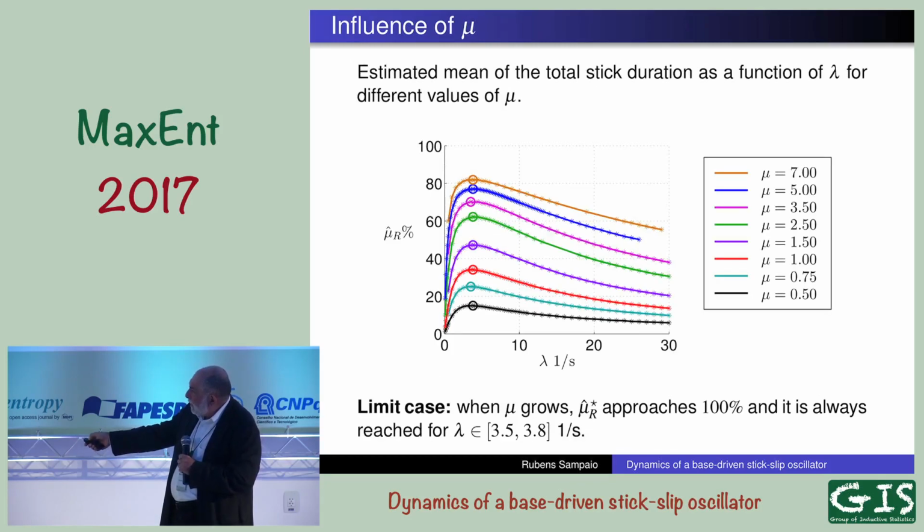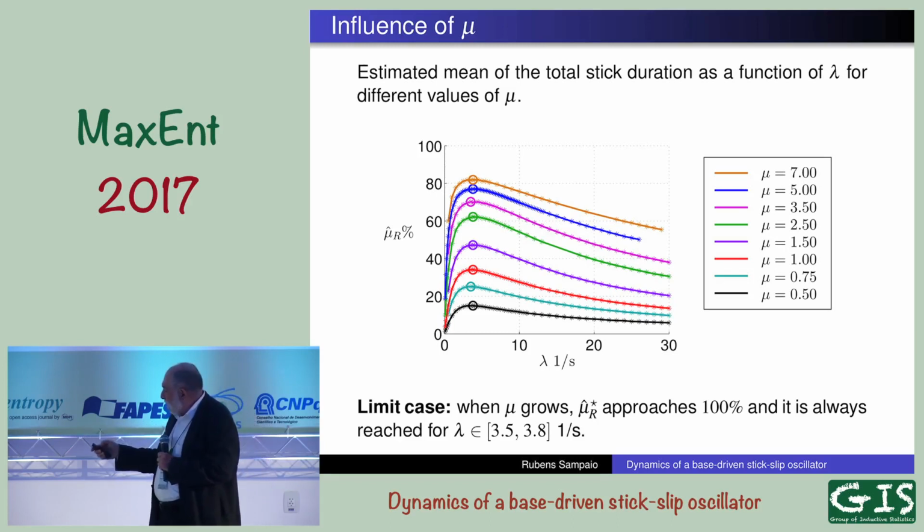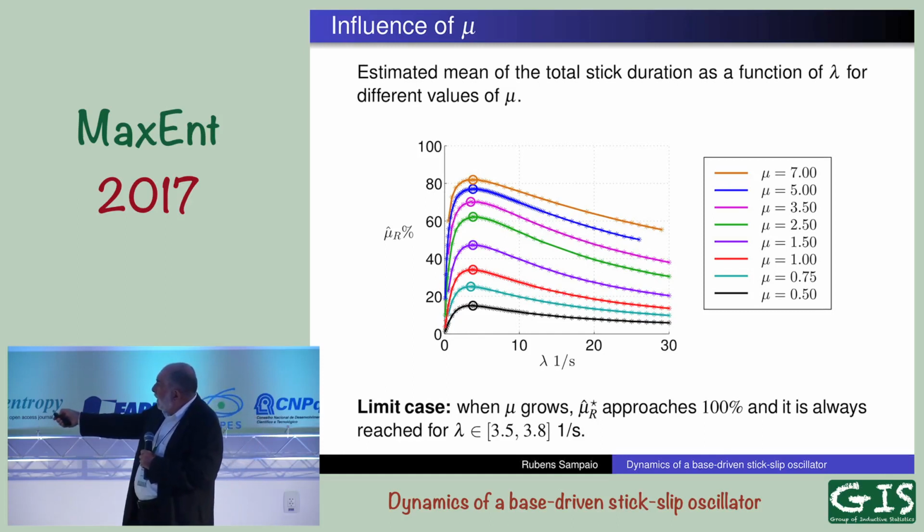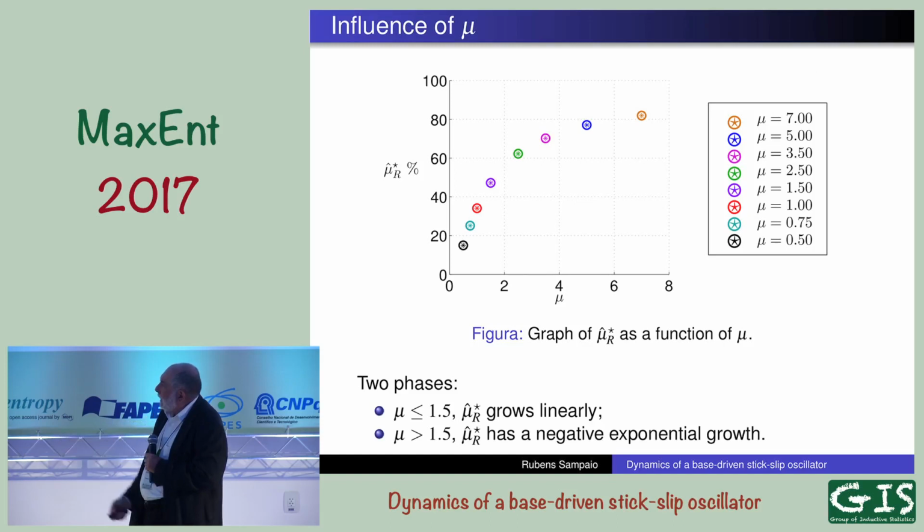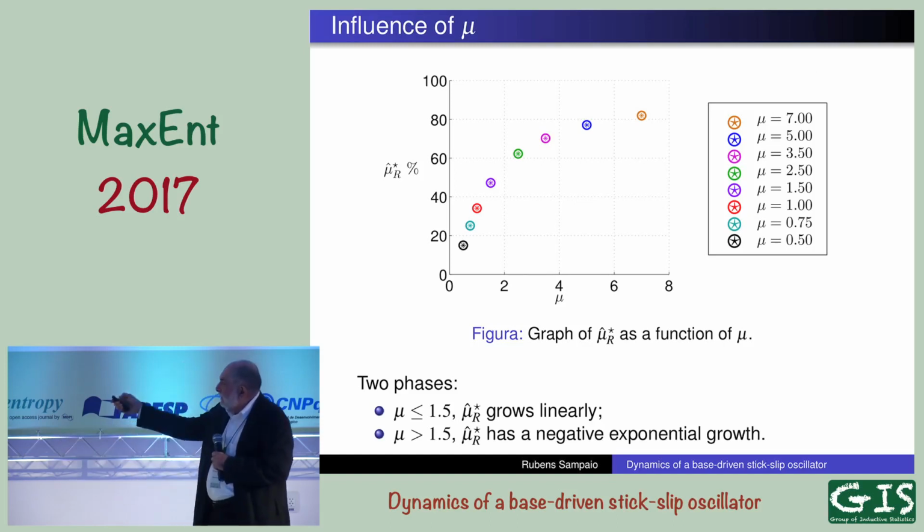So up to a point, they compensate, and then you see the time of sticks decreases. And here you have a graph that shows you, as a function of the friction coefficient, the average of the stick duration. You see the stick duration as a function of lambda for different values. If I look at these points here, the maximum, I can plot them, and I see how they vary.